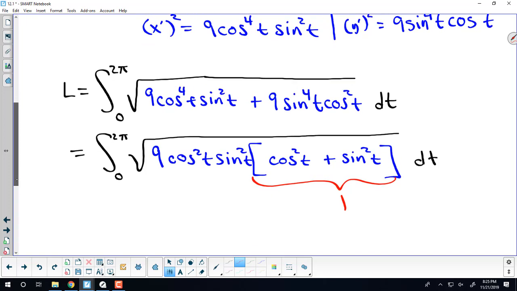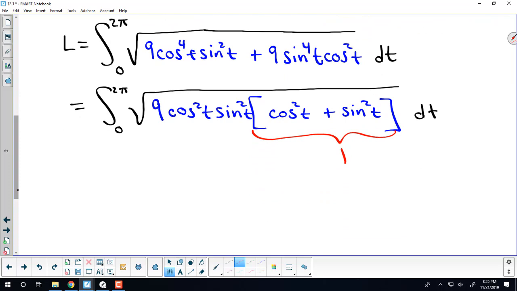So the issue with this is that it's not actually 3 cosine sine, right? It's 3 times the integral from 0 to 2 pi. Let's just write this out here as this step.